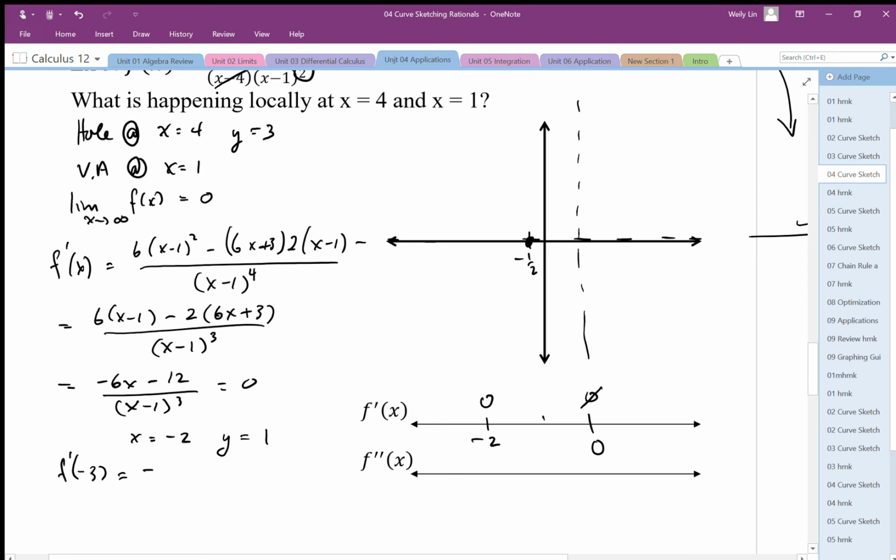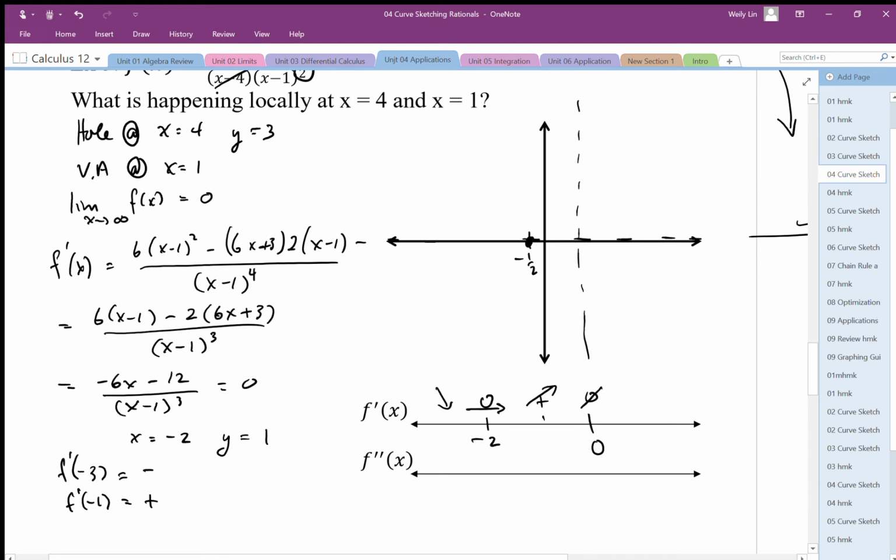So it's going to have negative slope going down. Okay, it's going to come across f prime at negative 1. When I plug negative 1 in here, I'm going to get 6 minus 12, negative on top. Negative 2 cubed is negative on bottom, so it's going to be positive. So it's coming up like that to the asymptote.